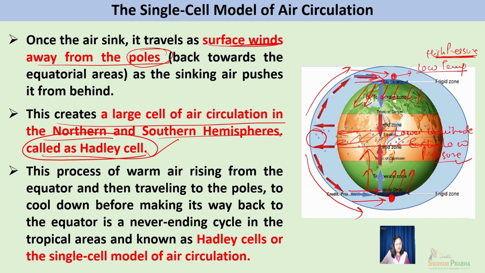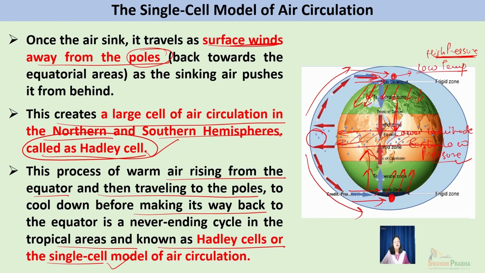So as the air moves out from the polar areas towards the equatorial areas near the ground surface, the temperature of this air parcel increases as it moves towards the lower latitudes. So this process of warm air rising from the equator and then traveling towards the poles to cool down before making its way back towards the equatorial areas is a never-ending cycle which is known as the Hadley cell or the single cell model of air circulation.